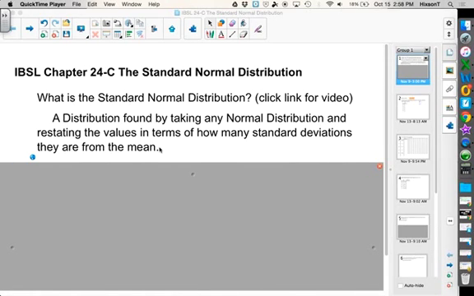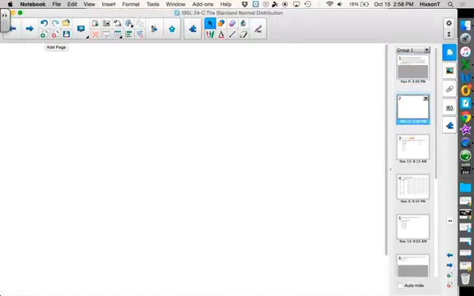Talk about what exactly we could use the standard normal distribution for. As an example, just to set the stage, let's consider you doing a full triathlon.